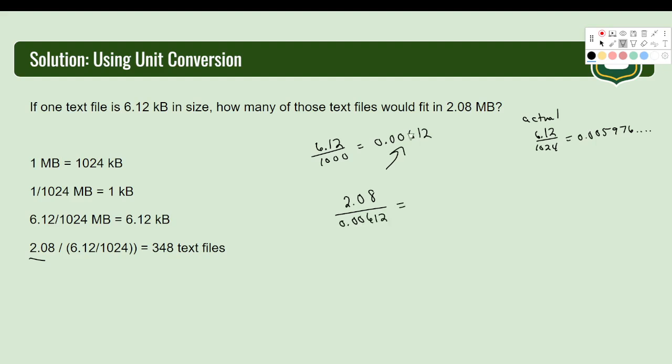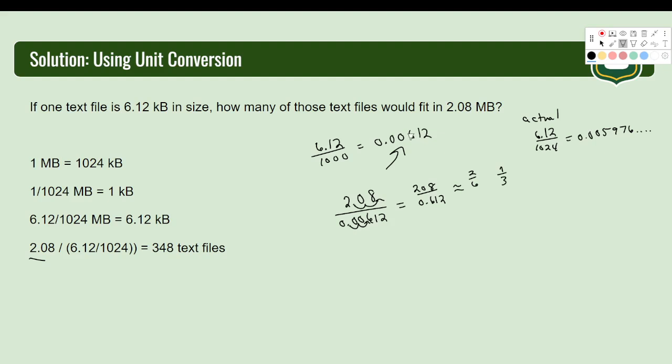I don't know if there's really any easy way of doing this. You can move your decimal 2 places to the right on both of these, so this is like 208 divided by 0.612. I see a 2 on the top and a 6 on the bottom, so I see like a 1/3.